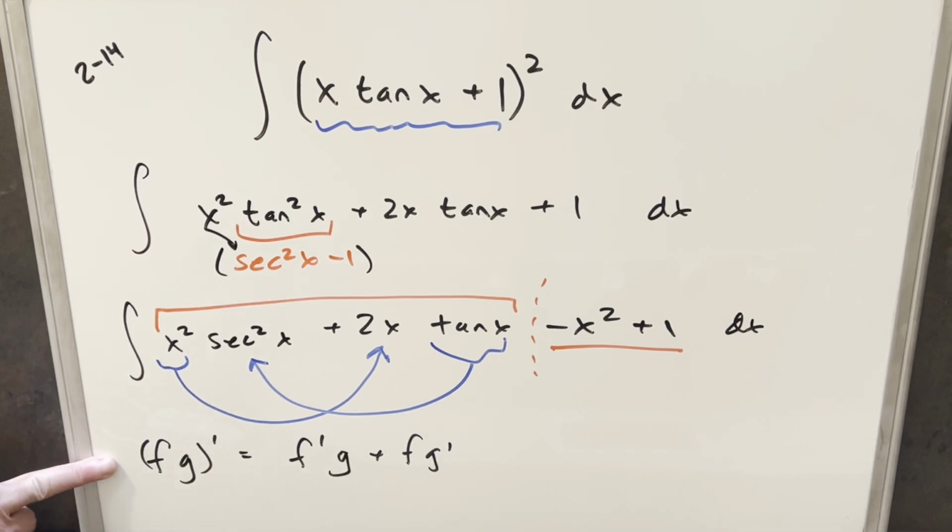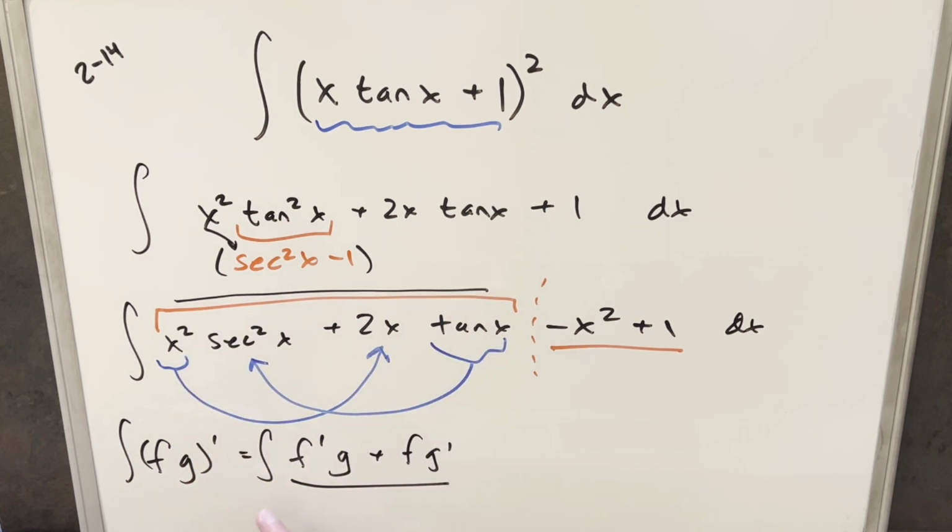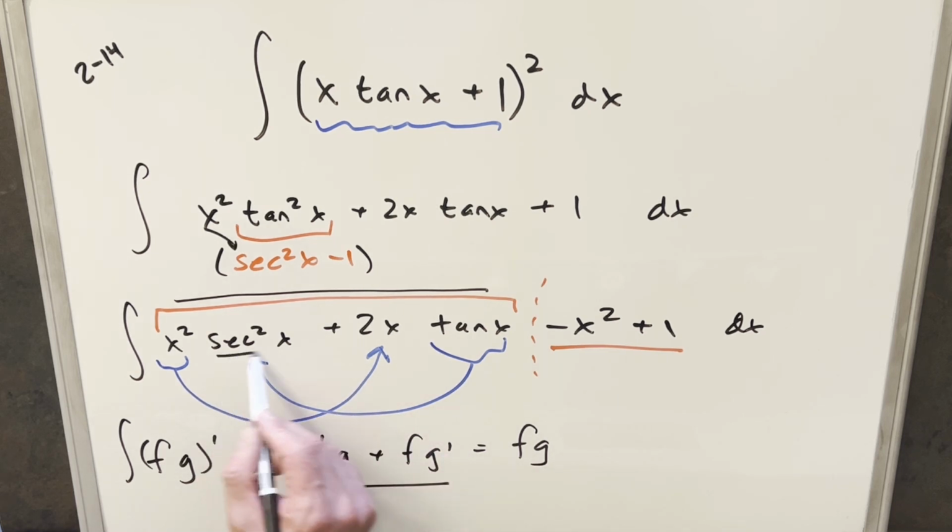Now, looking at the product rule, if I integrate on both sides, we want this right here to be exactly like our integral. Here we're integrating a derivative, so the solution is just going to be fg. We just need to figure out what f and g are. We've already determined we have all the right derivatives everywhere. Secant squared x is the derivative of tan x, so I can call this f prime.